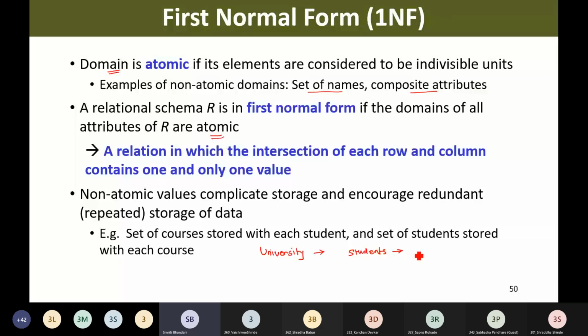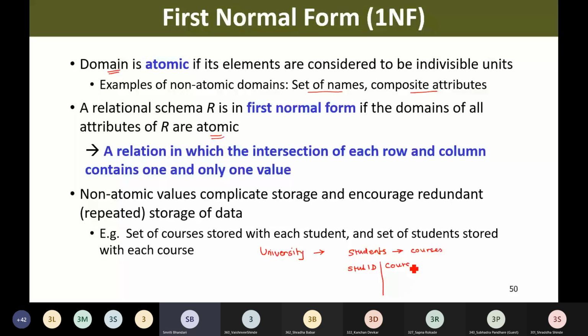If I store the data, say student ID 101, and this student 101 has opted for say 3 courses, and if I store all those 3 courses in the form of a set under the single attribute courses, say for example CS 101, CS 123, and CS 132, these are the 3 courses.